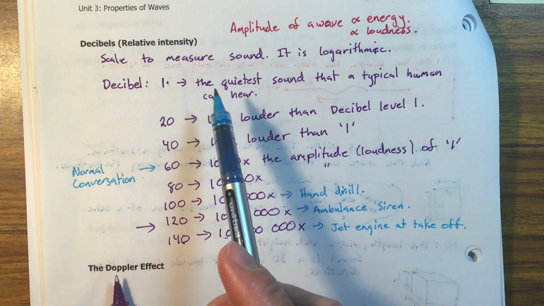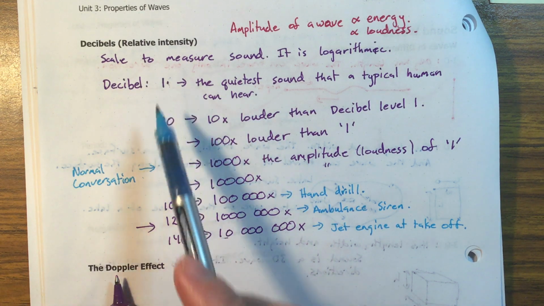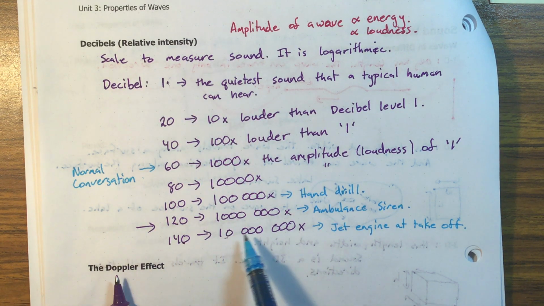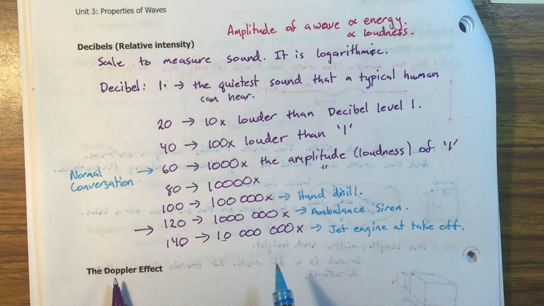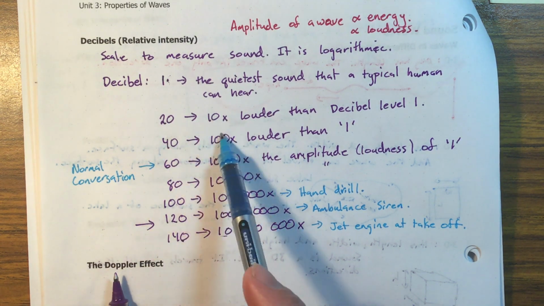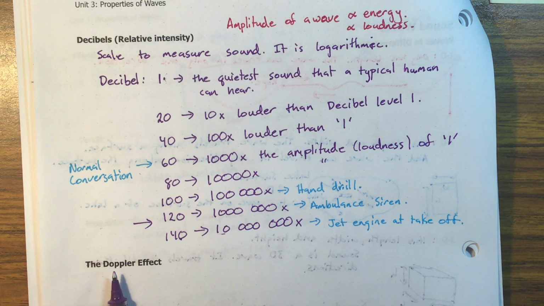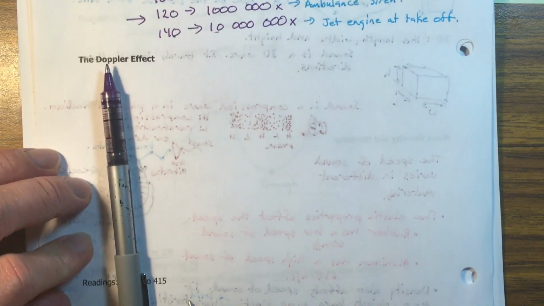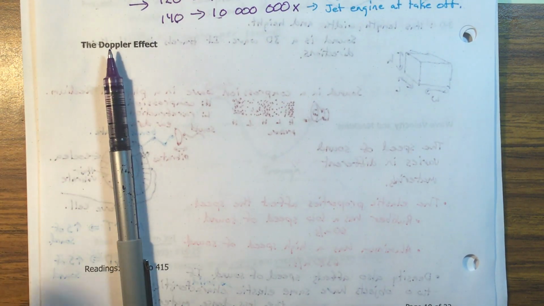And you can see here, that's the quietest sound. 140 is 10 million times the amplitude of it. So anytime you get a 20 decibel increase, that is a 10 times increase in the loudness. Now, it doesn't quite work perfectly because we're more sensitive to certain types of sounds than others.